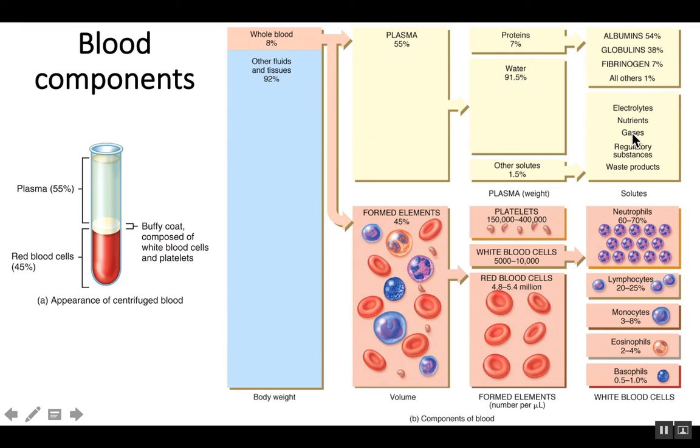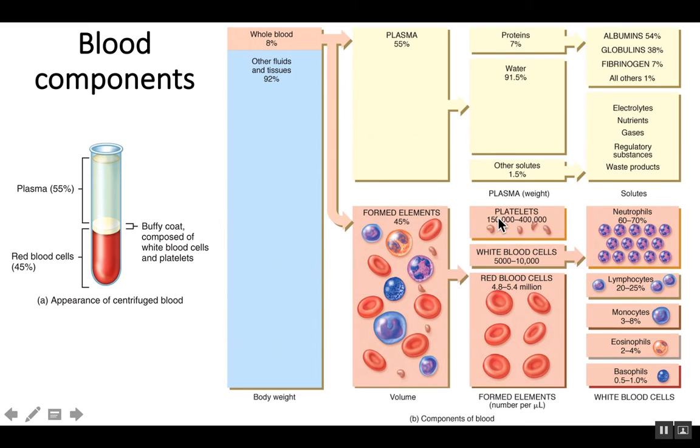Gases, such as oxygen and carbon dioxide, but keep in mind, most of the oxygen is found in the red blood cells, and most of the carbon dioxide produced by the body gets converted into another molecule. But there are some gases in the plasma. Regulatory substances, those would be, for example, protein or other types of hormones. And then finally, waste products.